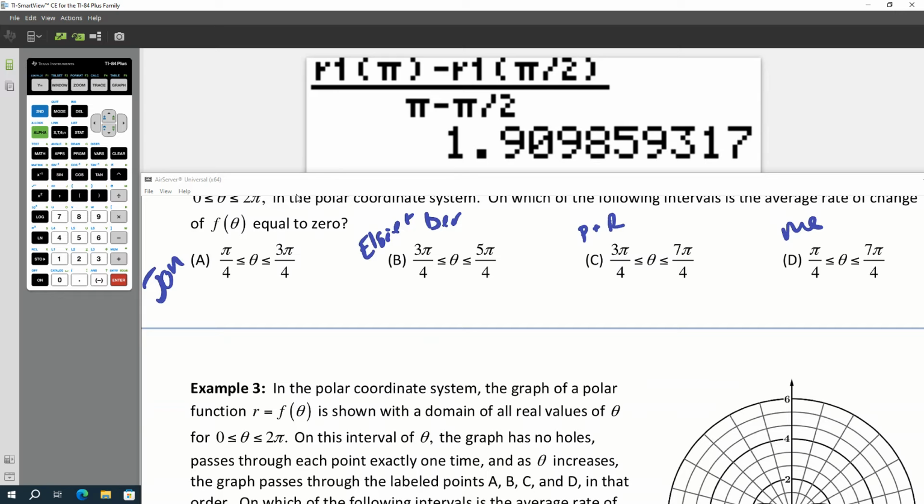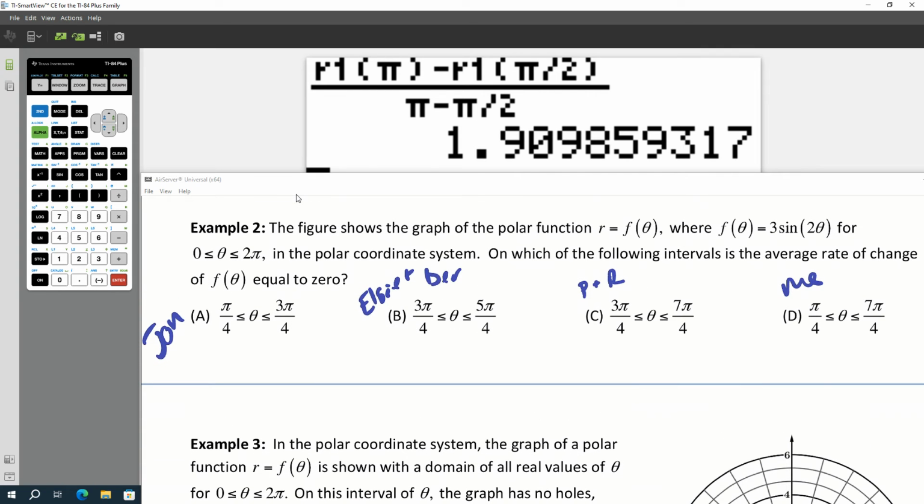All right, so what you're going to do first is put the function into the calculator in R equals.